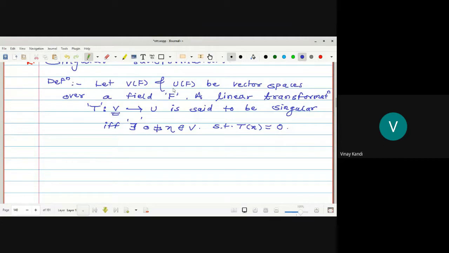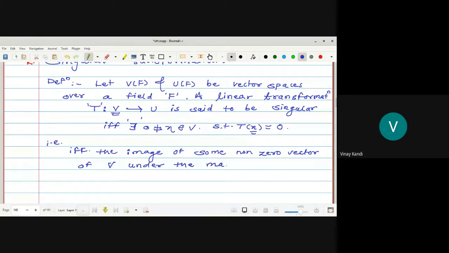That is, if and only if the image of some non-zero vector of V under the map T is the zero vector.